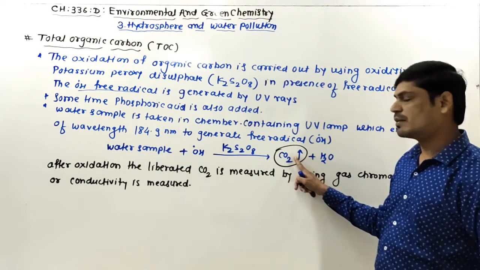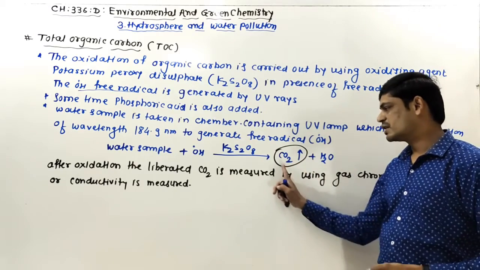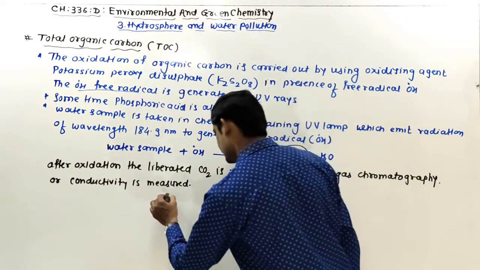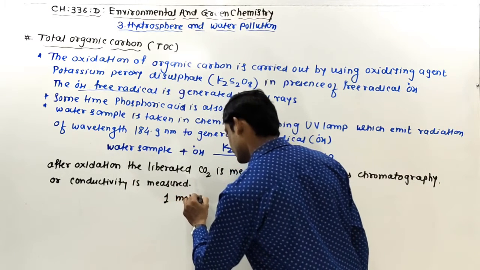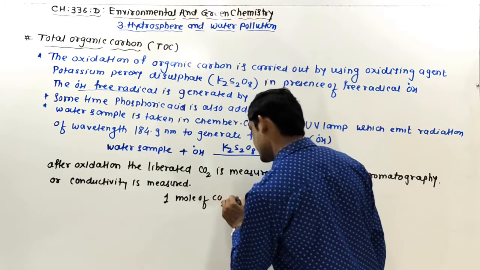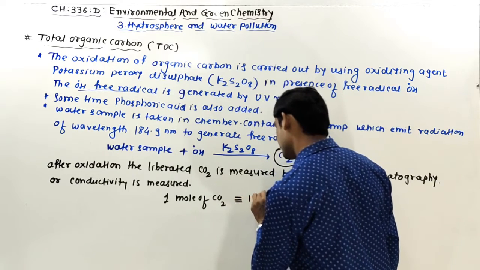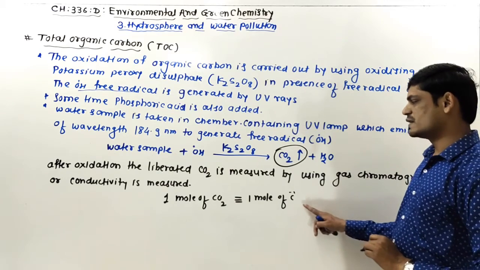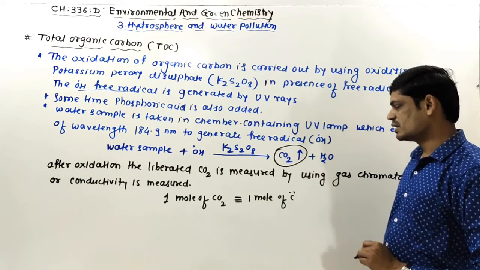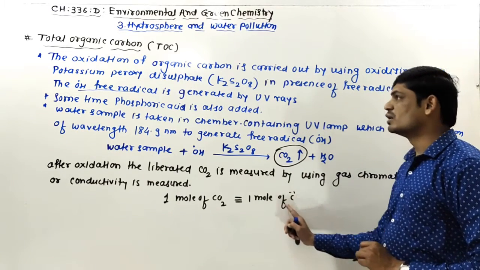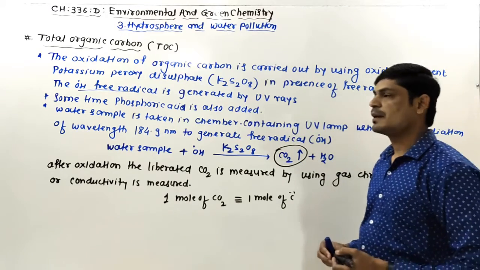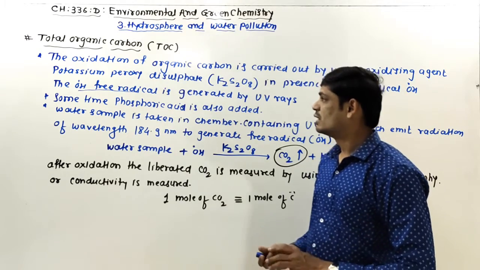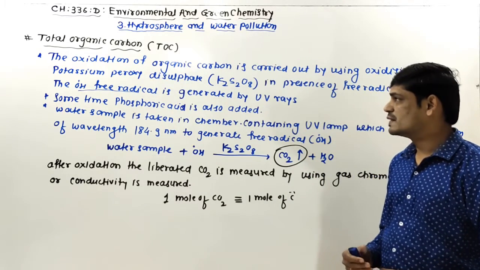And from the amount of carbon dioxide, we can determine the percentage of carbon, because we know that 1 mole of carbon dioxide will give 1 mole of carbon. And from this relation, we can determine the amount of total organic carbon present in the given water sample. So in this way, the total organic carbon is measured.